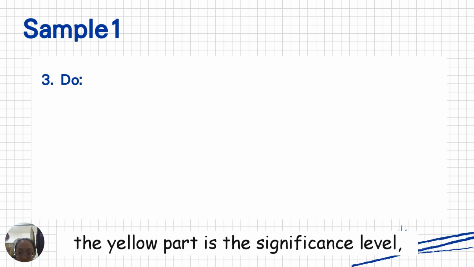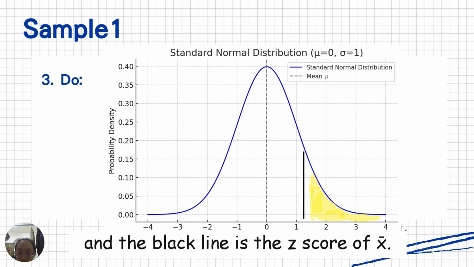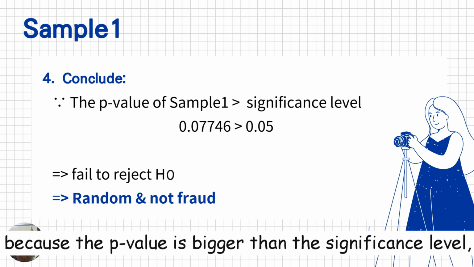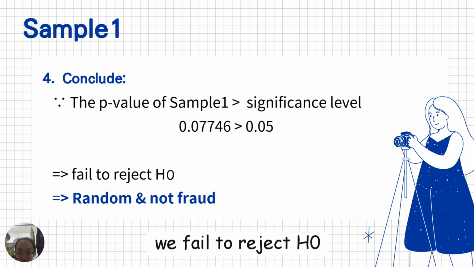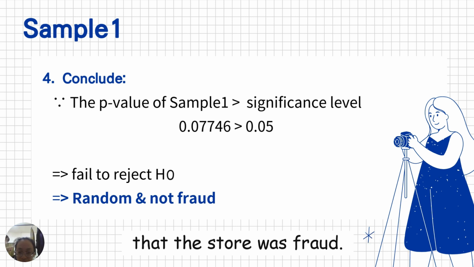In the picture, the yellow part is the significance level, and the black line is the z-score of X bar. And finally, we have the conclusion. Because the p-value is bigger than the significance level, we fail to reject H-naught, and we don't have convincing evidence that the store committed fraud.